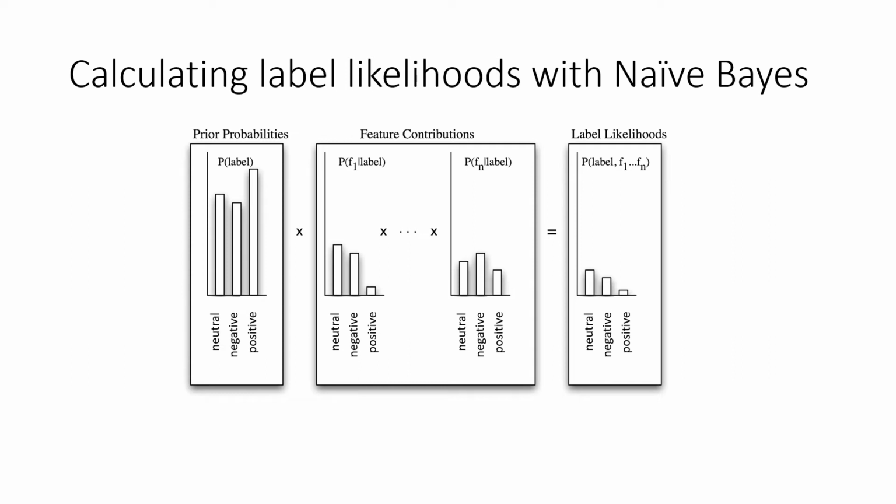The overall effect will be to reduce the score of the negative label slightly more than the score of the neutral label, and to significantly reduce the positive label with respect to the other two labels.